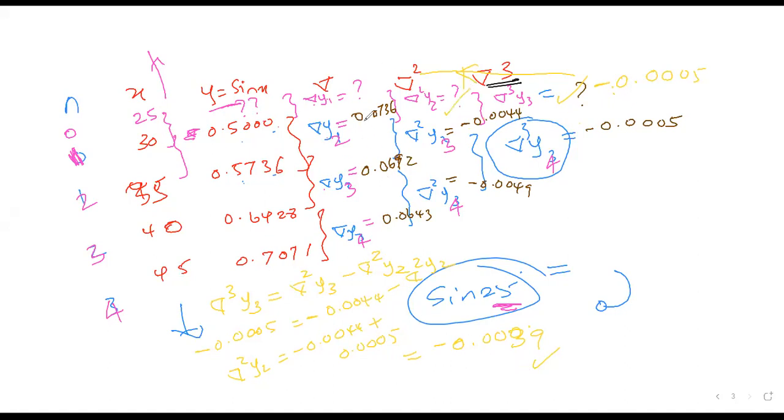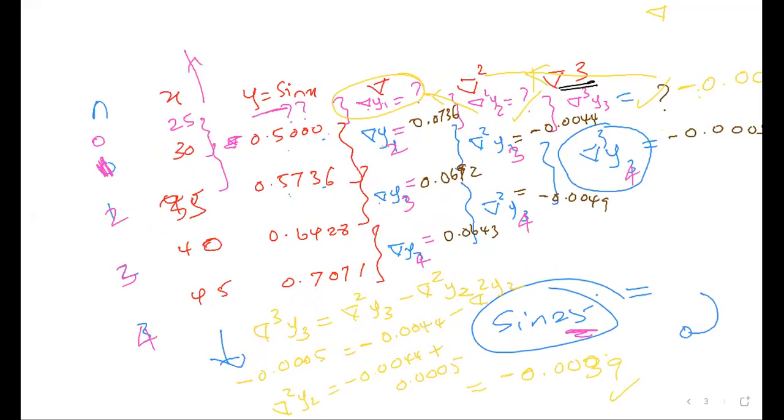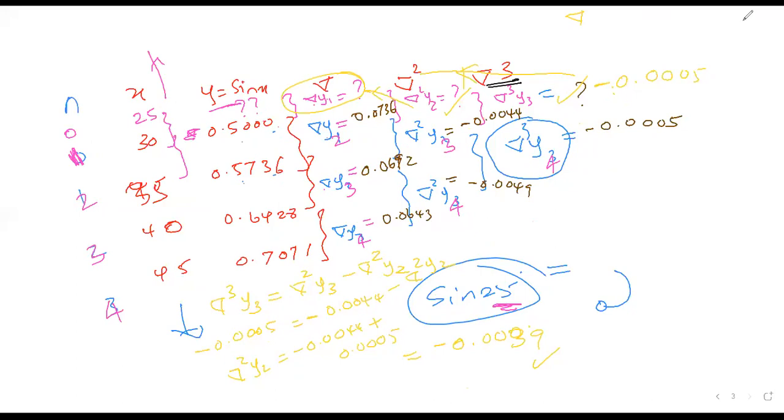So we are going to find this one by using again the backward. So we know Δ². Sorry, give me a second. I don't have a place, so I'll take this one here. Δ²y2 is equal to Δy2 minus Δy1. So I need to find Δy1. Δy2 I know.